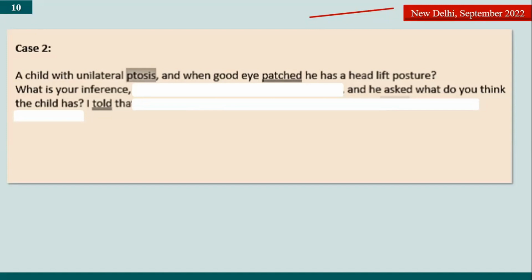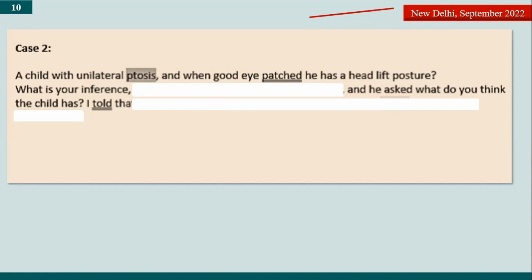Okay, let's make it another way. Imagine in your mind that you have a child or a patient in front of you with right ptosis, ptosis on the right side. There is no abnormal head posture, no chin up, for example. But when the examiner covered his left eye, the child adopts a chin up position.